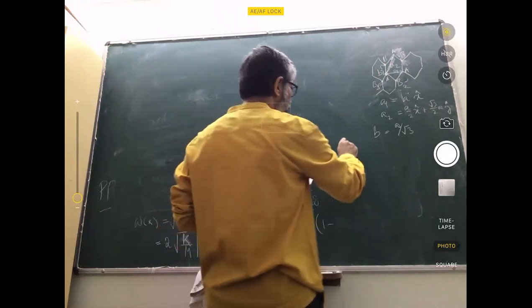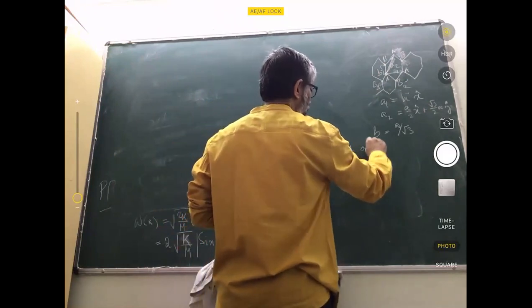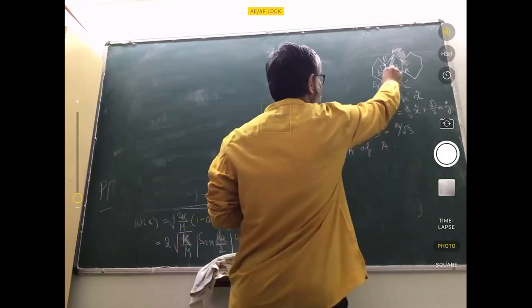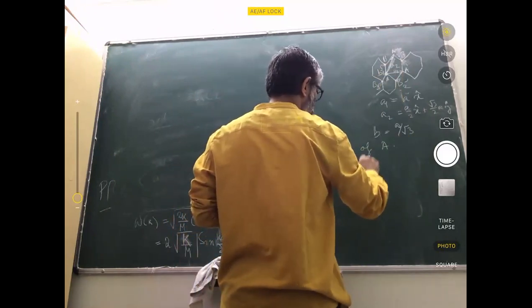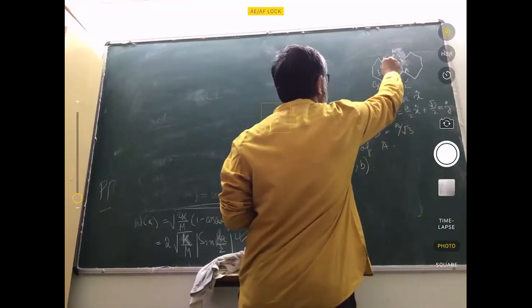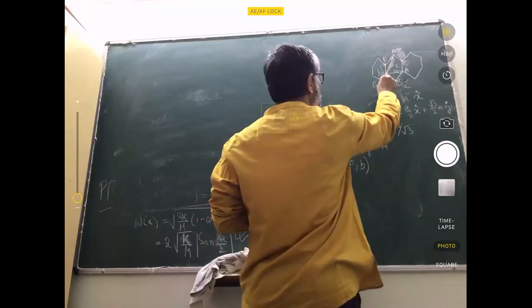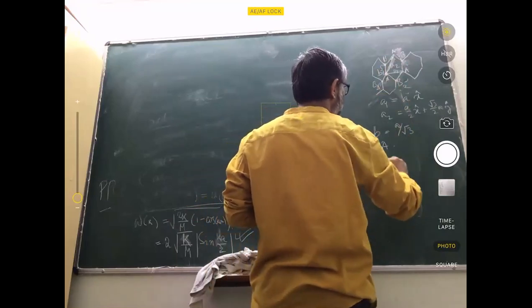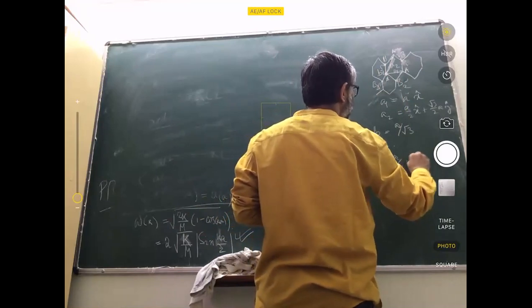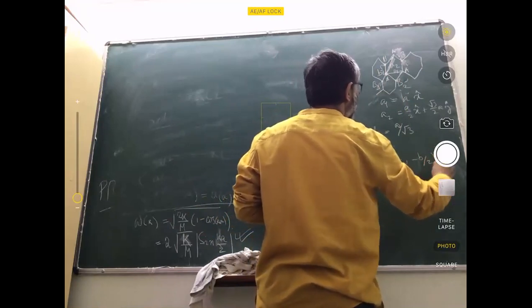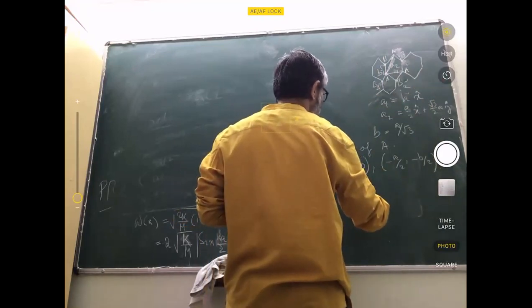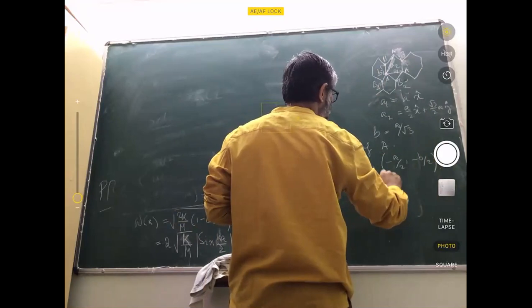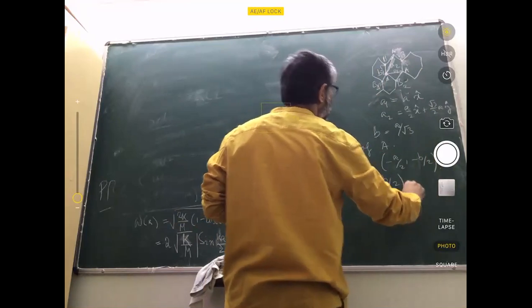So the nearest neighbors of this A would be at (0, B), which is this one, and this one will be at (minus A by 2, minus B by 2), and this one will be at (A by 2, minus B by 2).